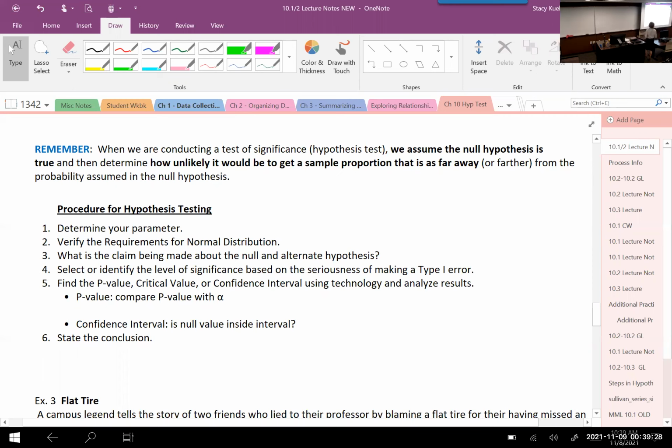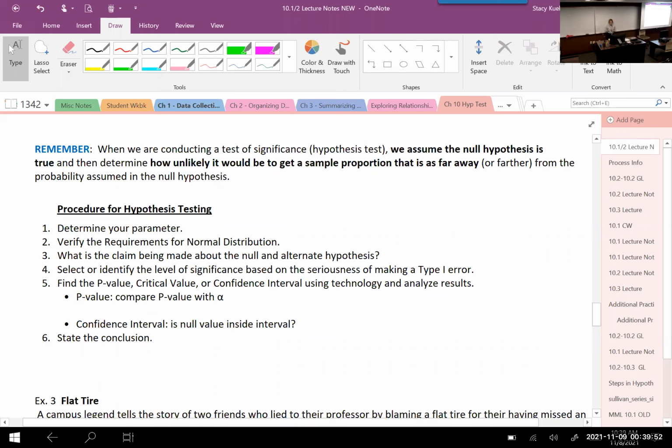And then I have some procedures for you for the testing. Number one, you have to determine your parameter. We're focusing on proportion today, but on a test, or out in the real world, you have to determine whether your parameter is a mean, a proportion, or a standard deviation, which is called a chi-squared test.